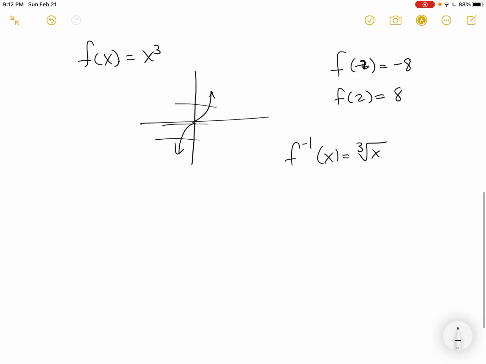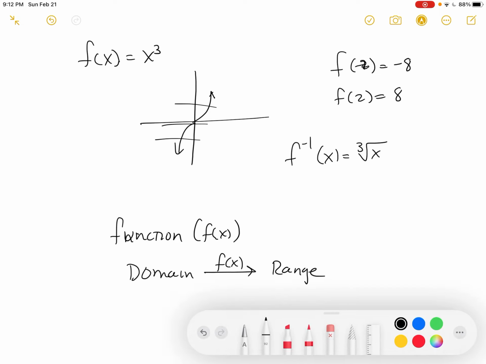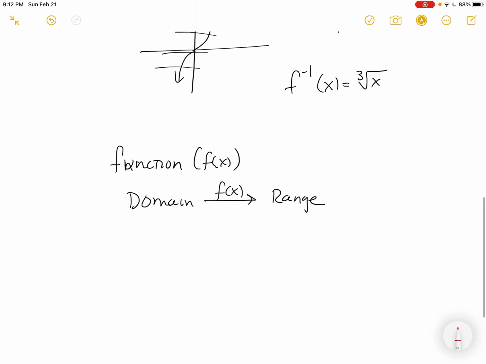So what happens with inverse functions too is if the function f of x is going from a domain in f of x, sending it to its range, what happens for the inverse function, which I'll put in red, is the inverse function goes the other way. That means the range elements for f of x are a new domain, and it has to map into the range, right, which is the original domain.